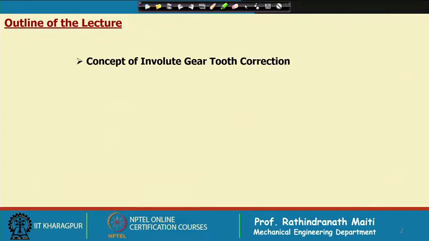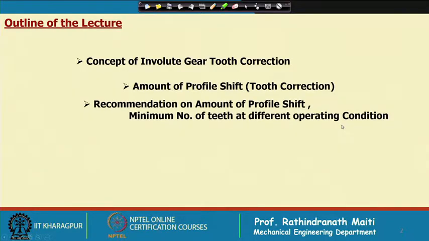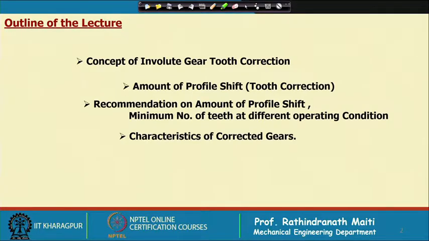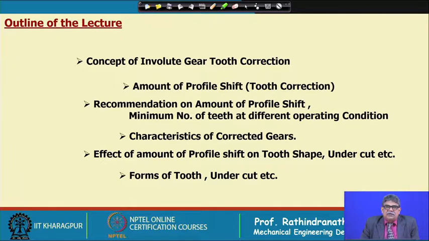In this lecture I shall cover the concept of Involute Gear Tooth Correction, then the amount of profile shift, that is the tooth correction, recommendation on the amount of profile shift, minimum number of teeth at different operating conditions, characteristics of corrected gears, effect of the amount of profile shift on tooth shape, undercut etc., and finally, forms of tooth, undercut etc.